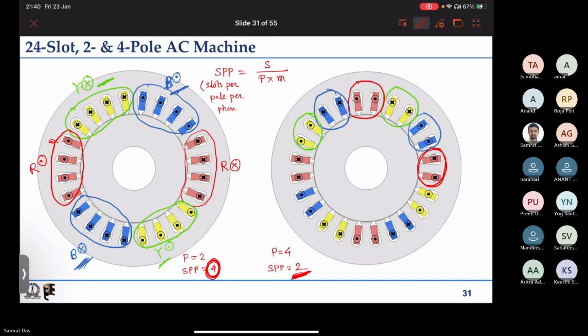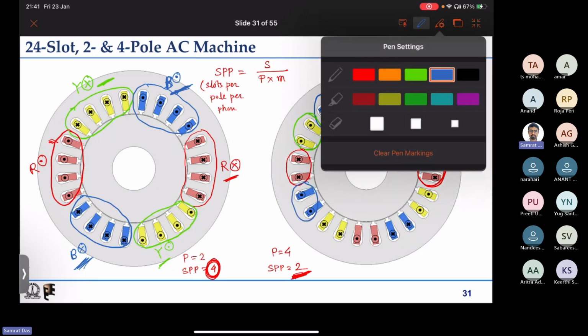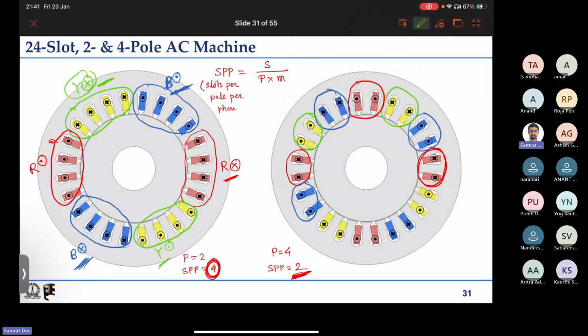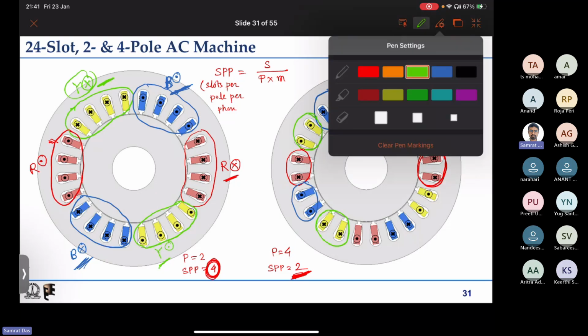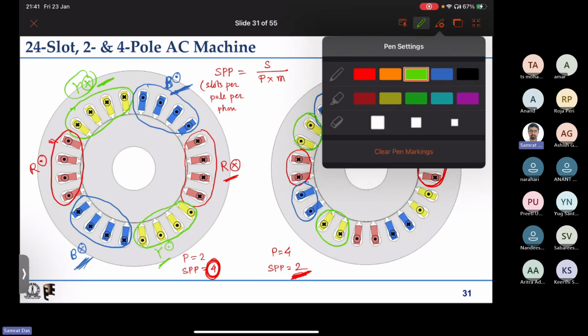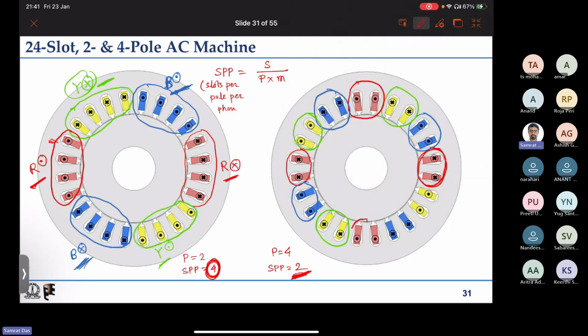Now, in the same sequence, again I'll start from red cross 2, then we'll have blue dot 2, we'll have yellow cross again 2, we'll have again red dot 2, blue cross 2, and finally yellow dot 2.